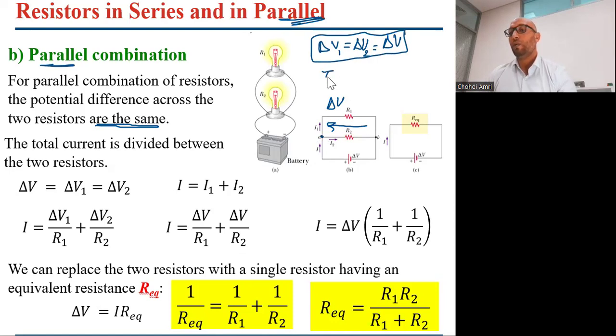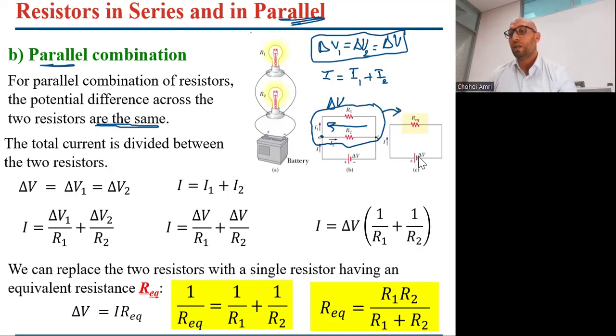We have another equation: the initial current I equals I1 plus I2. Combining these two equations, we get the current I equals delta V multiplied by (1 over R1 plus 1 over R2). So we will get delta V equals I R equivalent when we replace these two resistors by just one equivalent resistance.